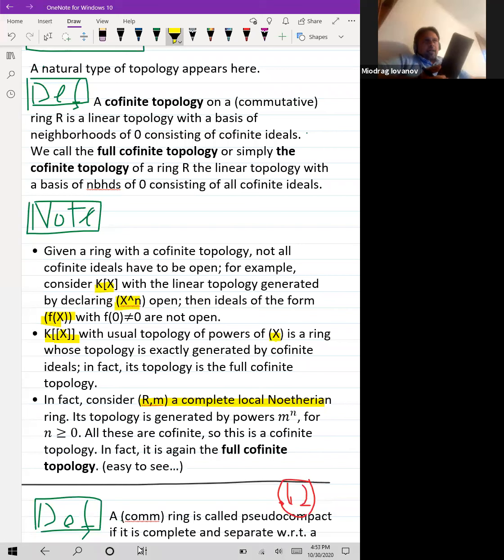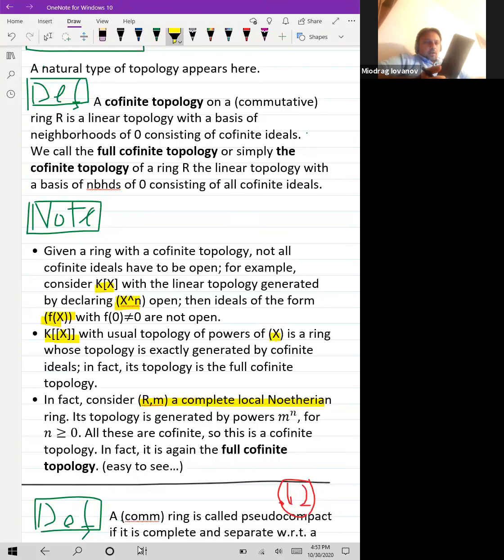If you take a cofinite ideal, there's going to be a power of the maximal ideal that annihilates R mod I. So if you take a cofinite ideal, that means there's some power of m that's going to be contained in I. So I is going to be open in this full cofinite topology. So what this means is that, if you look at a complete local Noetherian ring, the usual m-adic topology is exactly the same as the full cofinite topology.